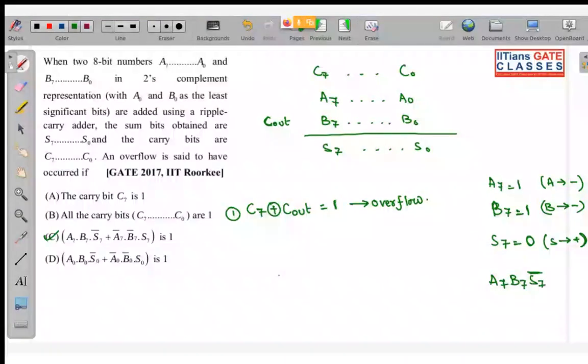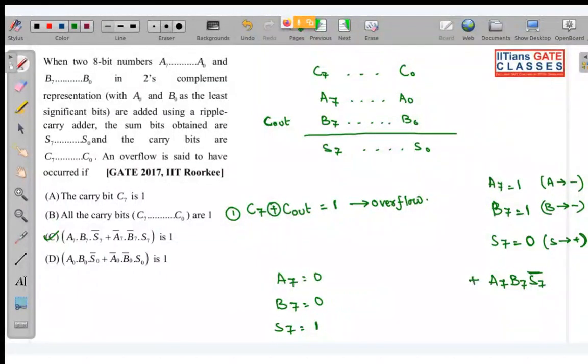Or one more case is, if A7 is equal to 0, B7 is equal to 0 and S7 is equal to 1. If this is equal to 1, then again I will be saying that here A is positive, B is positive, but the resultant of the addition of these two numbers is negative.